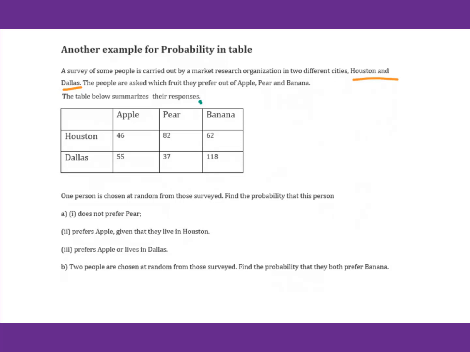We know that when we have a probability about a table, we need to figure out the total first. So we do one more row and one more column.